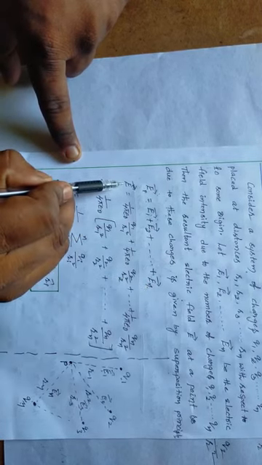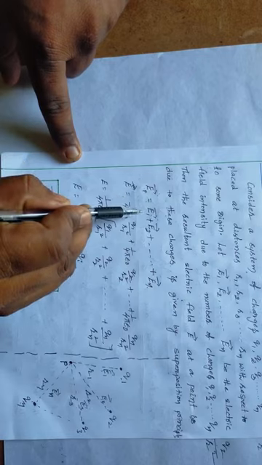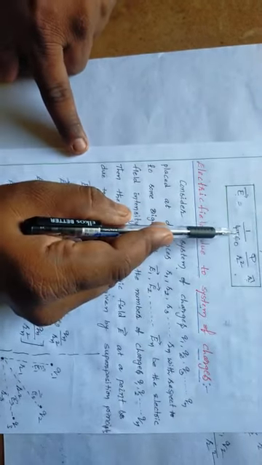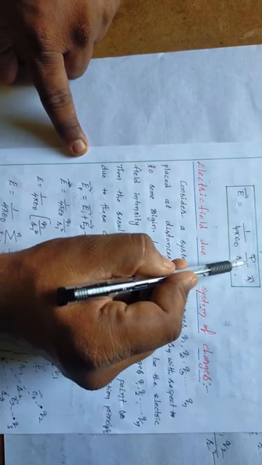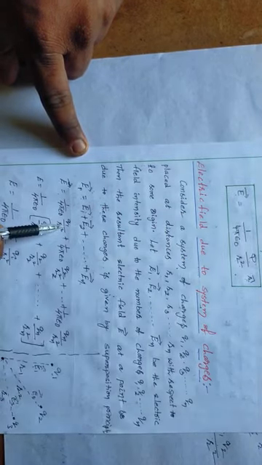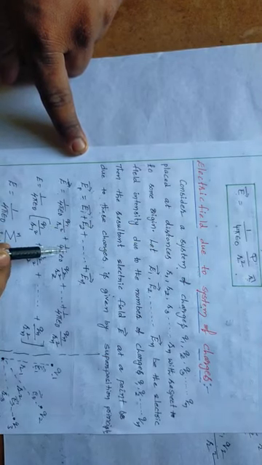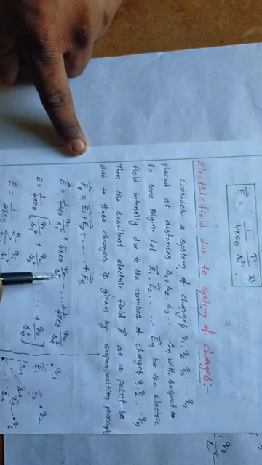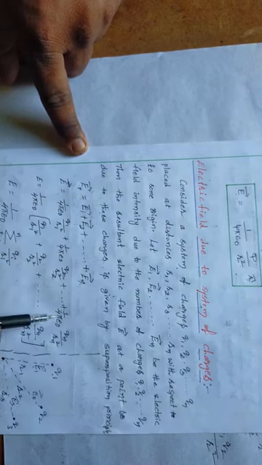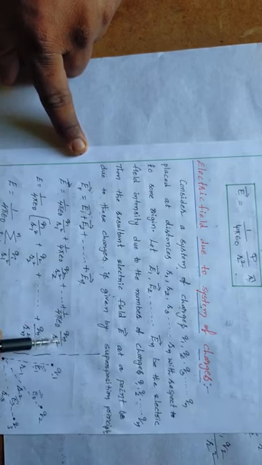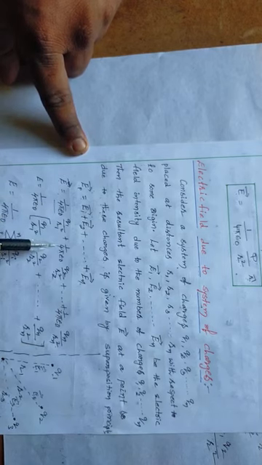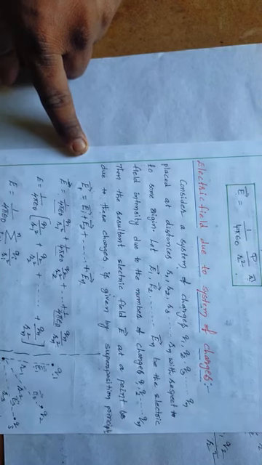Now thereafter, electric field at point P is equal to E1 bar, we have seen here, 1 by 4 pi epsilon naught Q, that means Q1, divided by r square, that means r1 square. Like this, E2 bar means 1 by 4 pi epsilon naught q2 by r2 square. Plus and so on, plus for nth charge 1 by 4 pi epsilon naught qn by rn square. Like this we can take. In all the terms, what is common is 1 by 4 pi epsilon naught.